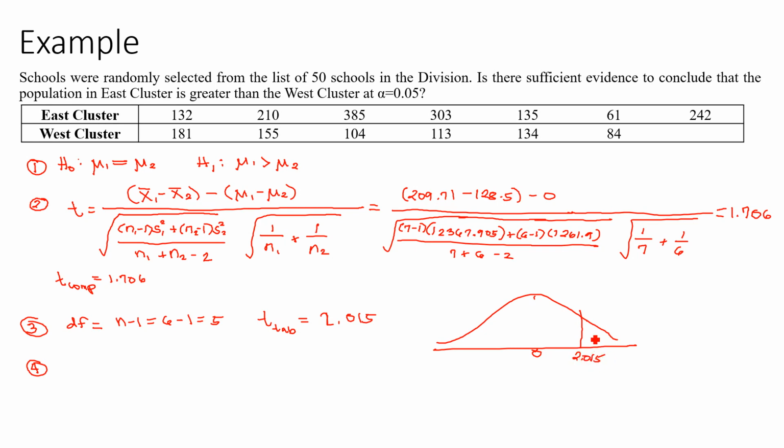Anything that lies here is reject. However, our computed value is 1.706, somewhere here.